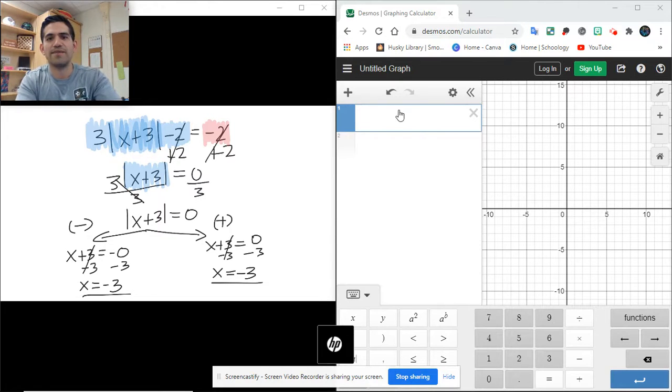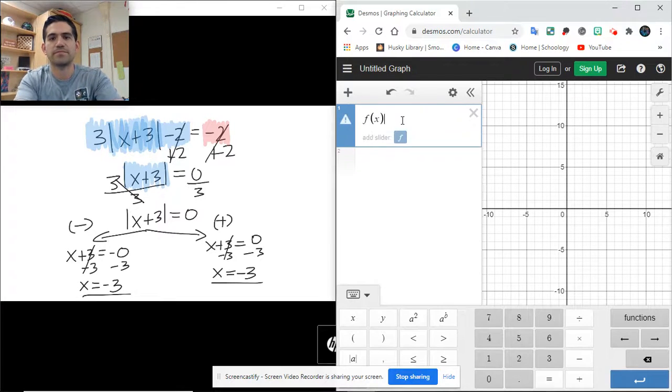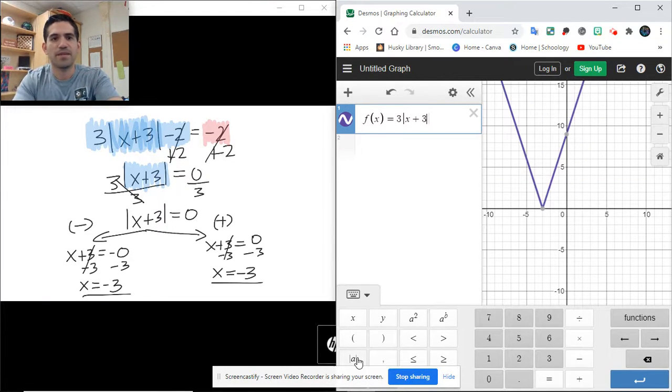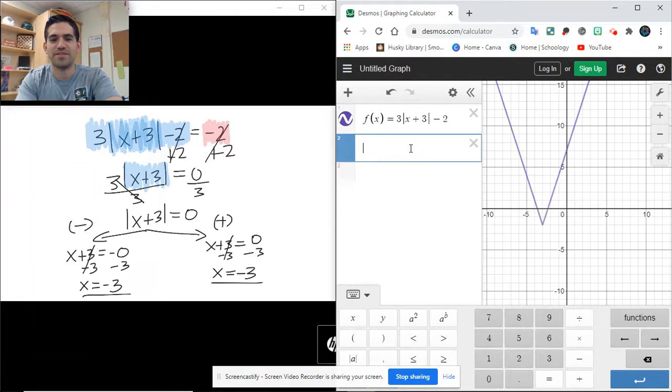Okay, on the left side, we have f of x equals 3 absolute value of x plus 3 minus 2. That's our absolute value function. And now we want to figure out, when is this function going to equal negative 2?